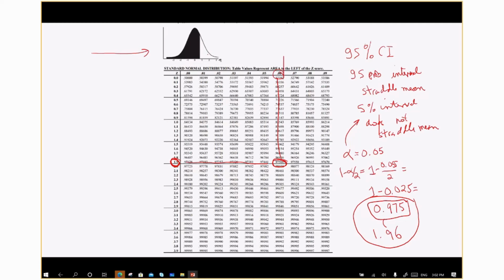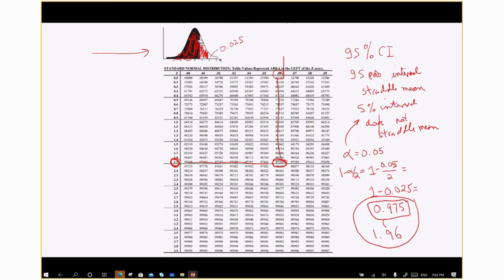And what that implies is that 0.975 would be the probability of having a Z value less than or equal to 1.96. So that's what that means.